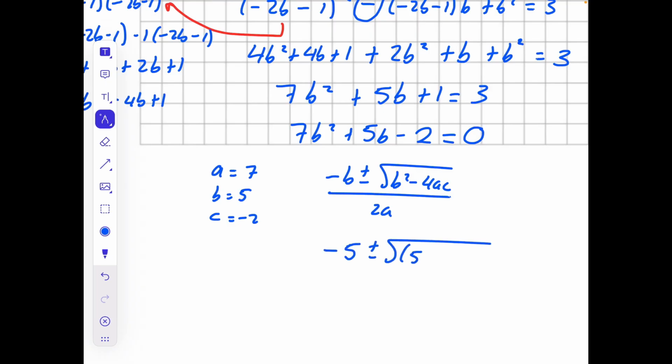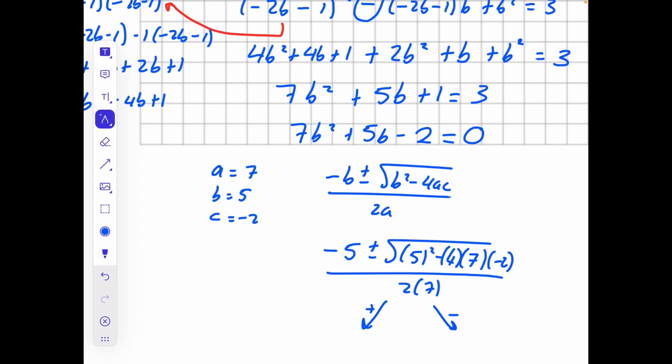So it'll be minus 5 plus or minus the square root of 5 squared minus 4 by a, which is 7, by c, which is minus 2, all over 2 by 7. Into your calculator, put the plus in front of the square root first.